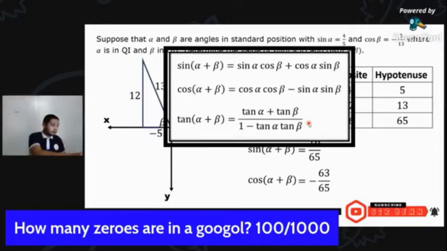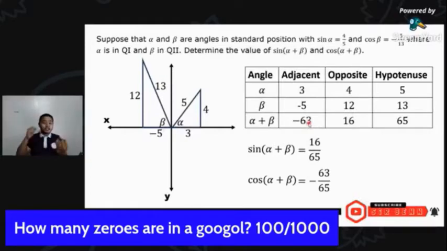How did we get -63? We just simply multiply 2 numbers and then subtract. How did we get 16? We just simply multiply 2 numbers and then add. How did we get 65? We just simply multiply numbers. So what we are using here is actually addition, multiplication, and subtraction of integers. As simple as that. And then applying the concept of 6 trigonometric ratios.